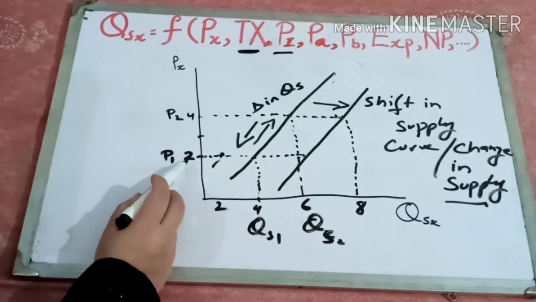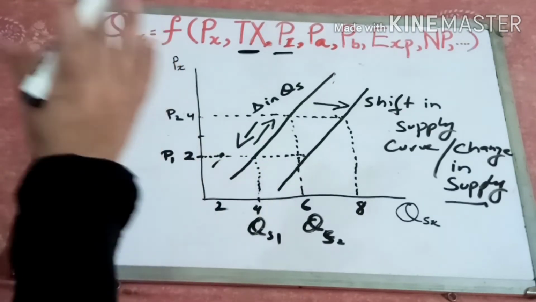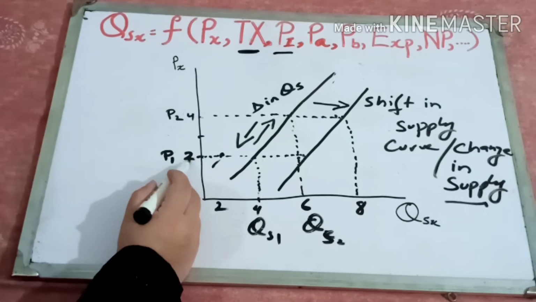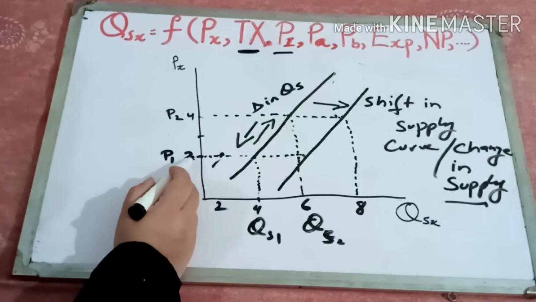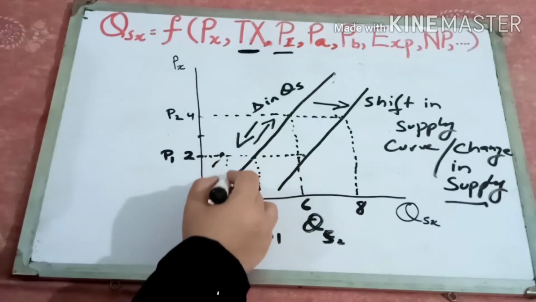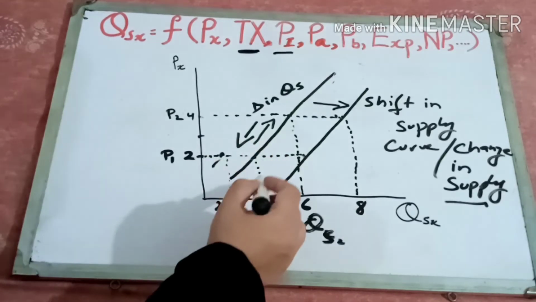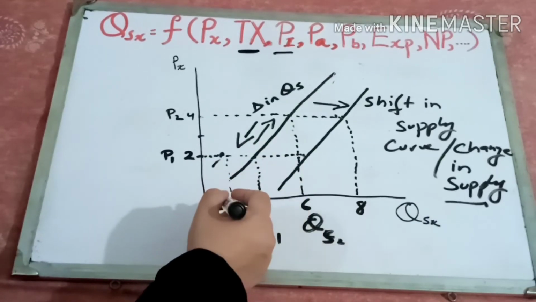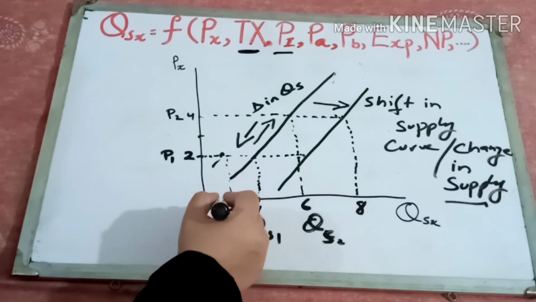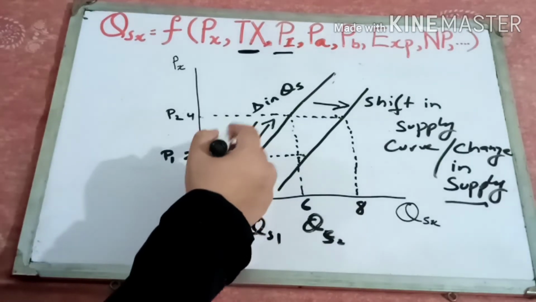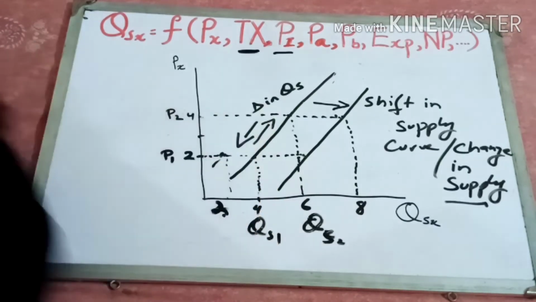The product is still at the same price, $2, but now the producers are willing to supply 2 units at this price.